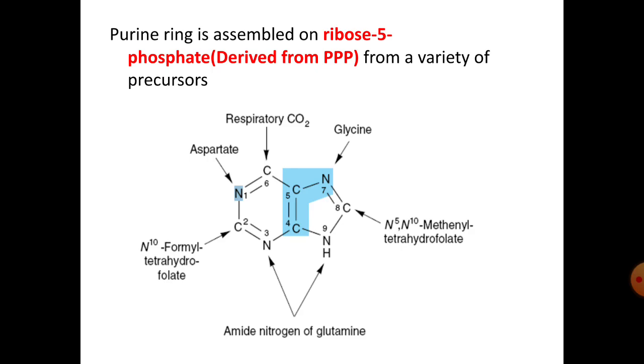Fine. Now, this purine ring, as we have seen, comprises two rings. It is not from a single source.